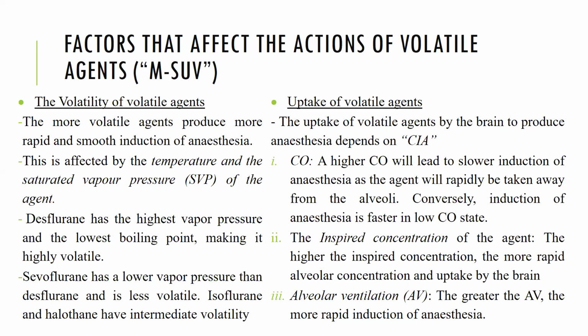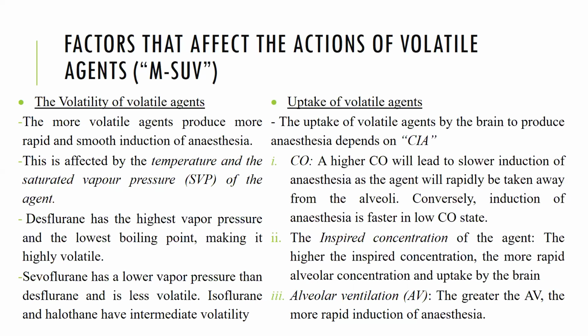The last factor is the uptake. We're talking about how the agent is taken up by the brain, where it produces its anesthetic effect. This is dependent on the cardiac output, the inspired concentration of the agent, and the patient's alveolar ventilation.